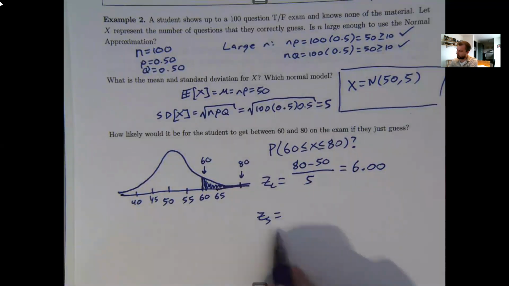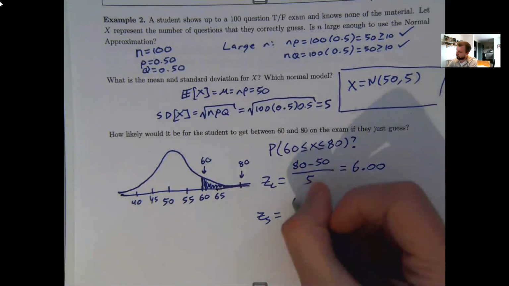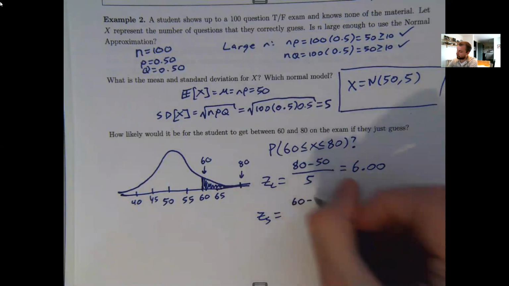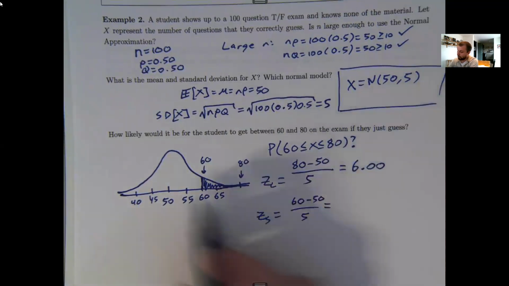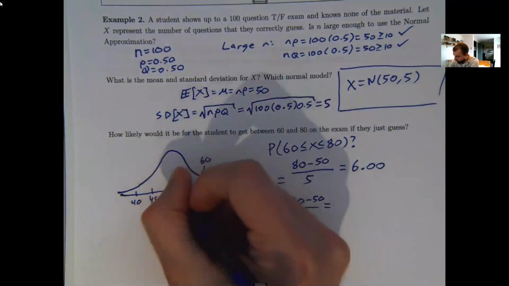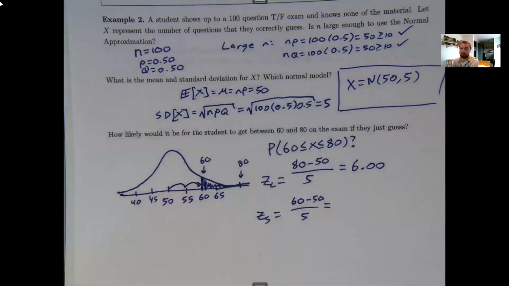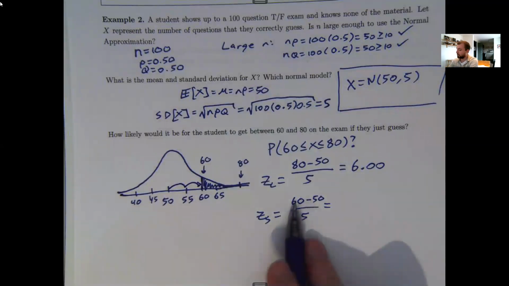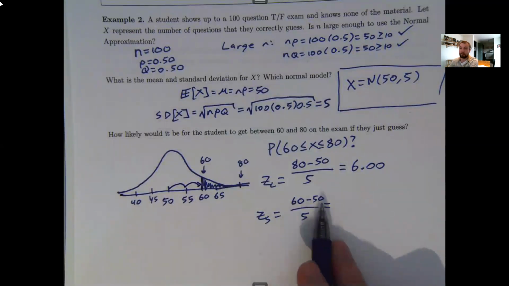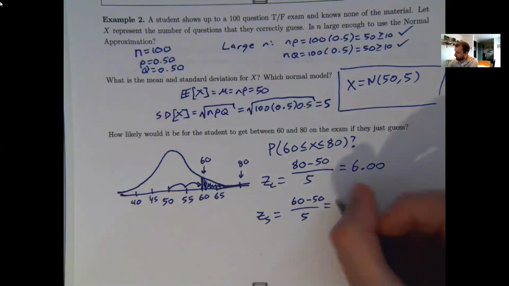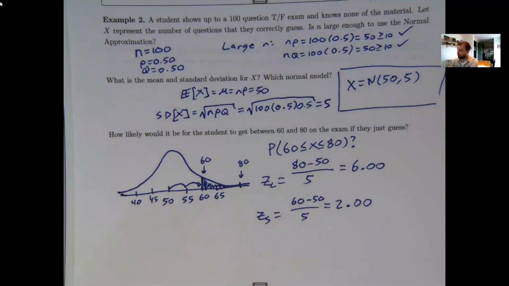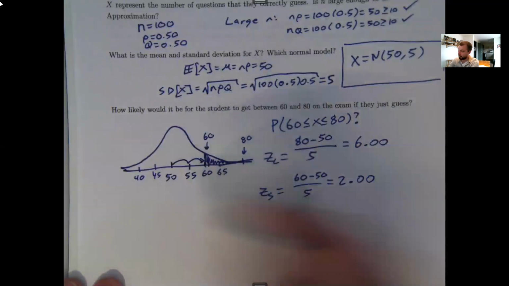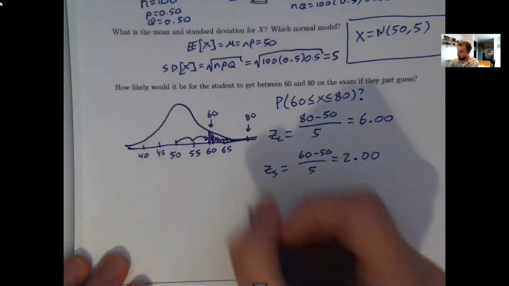For the small value, I have value minus center over standard deviation. A quick look shows this is 1, 2 tick marks up, so I'm anticipating a z-score of 2. 60 minus 50 is 10. 10 divided by 5 gives me 2, just like I was hoping. I've drawn my picture. I found my z-scores. Final step here, I'm going to look it up.